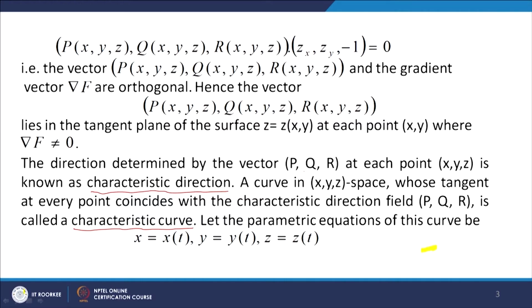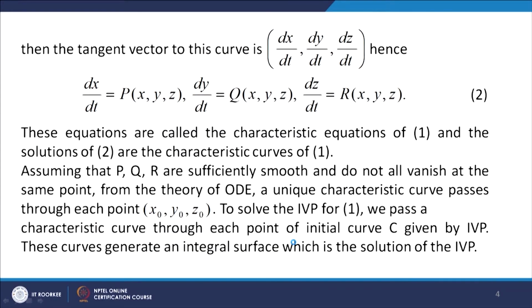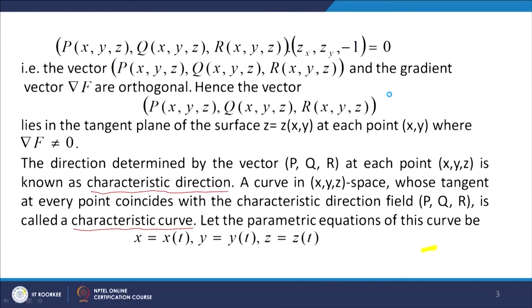Now let the parametric equations of this characteristic curve be x = x(t), y = y(t), z = z(t). We know if the curve in space is given by x = x(t), y = y(t), z = z(t), then the tangent vector to this curve is given by (dx/dt, dy/dt, dz/dt).